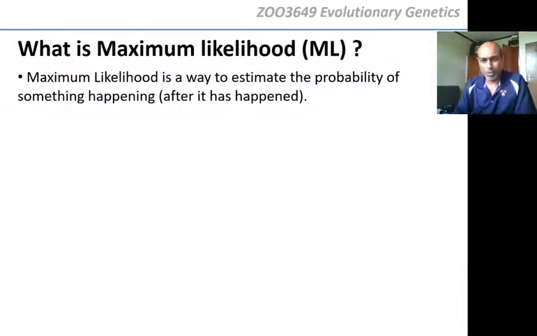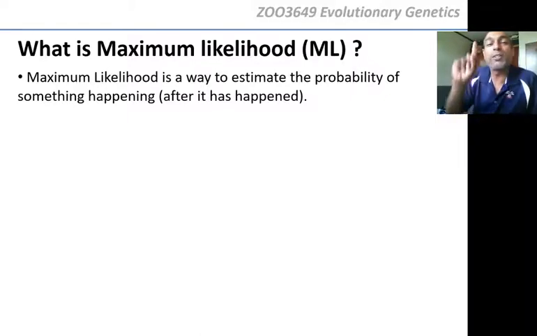Well, there are many different possibilities. You can rearrange the individuals in the tree in many different ways, and each one of them has a probability, a likelihood. So what do we want to know? We want to find the tree that has the maximum likelihood, because that is the correct tree.